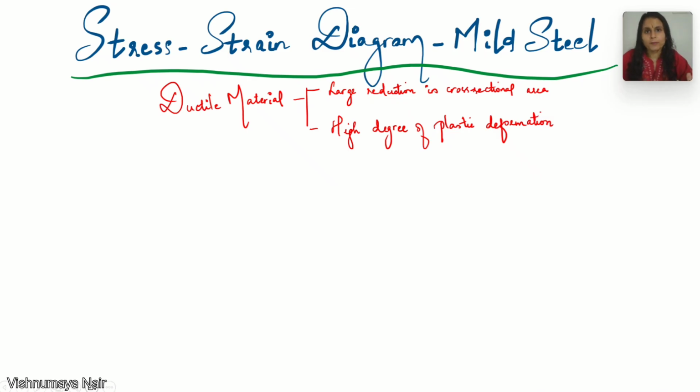And the property by which these materials exhibit this large reduction in cross-sectional area and high degree of plastic deformation is known as ductility.